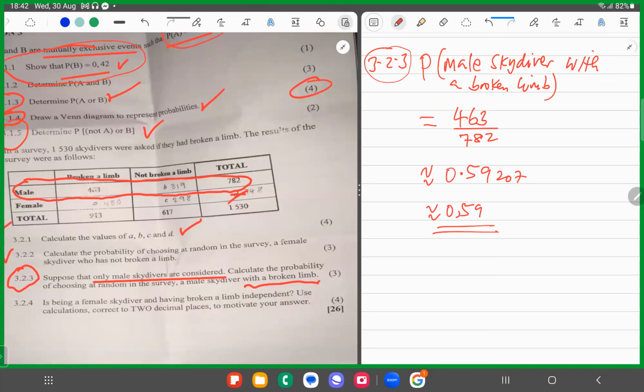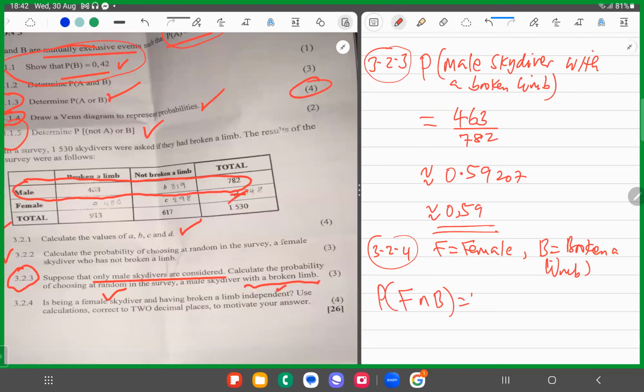Is being a female skydiver and having broken a limb independent? For independence in 3.2.4, we are looking at the probability of F, which stands for female, and having broken a limb, B meaning broken a limb. It means the probability of female and broken a limb is the probability of female times the probability of broken a limb.